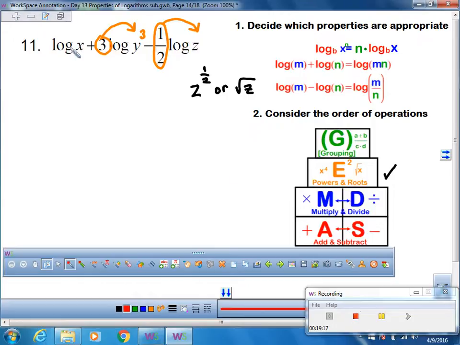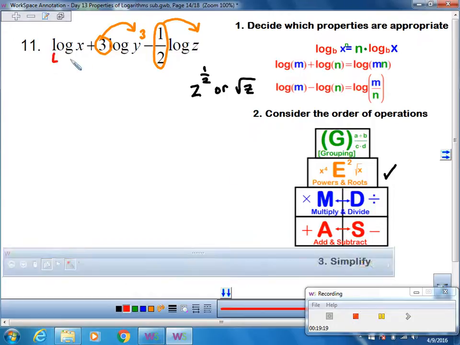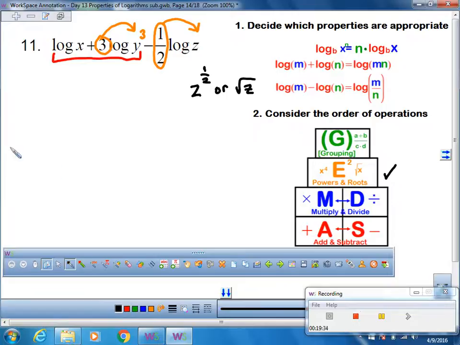Then here, I would take this one here and use the product property. And then after I'm done with that, I would take that single log. Let's just do it. I'm already halfway there. I'm going to write it down here because it'll be easier for me to write.